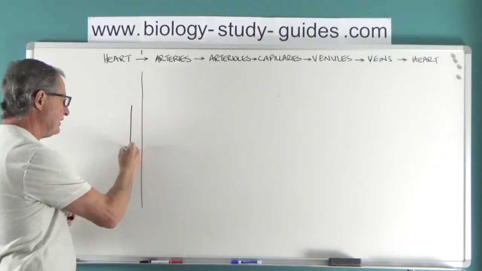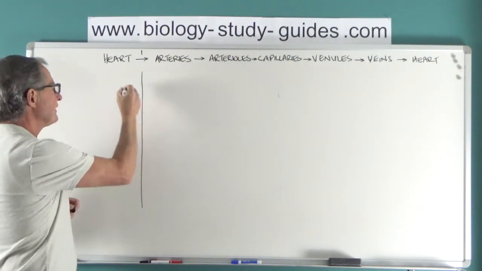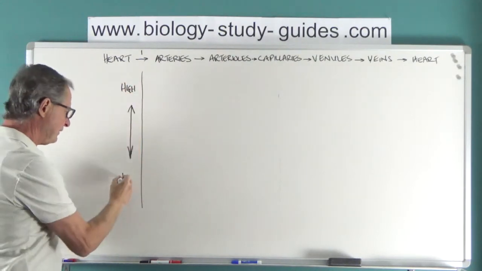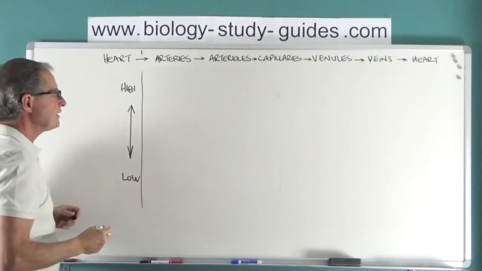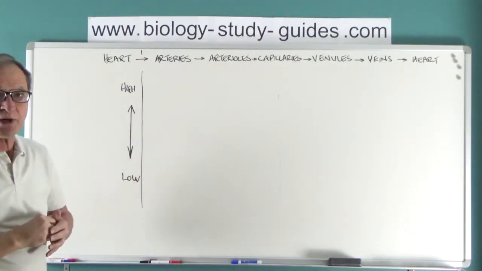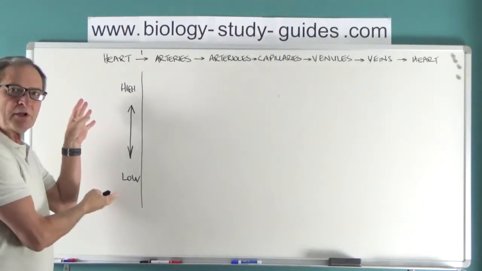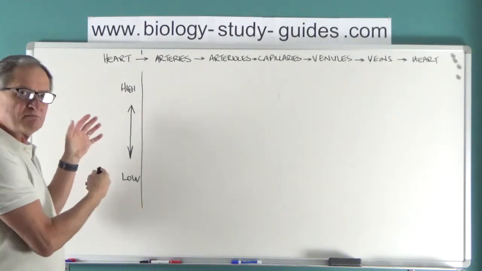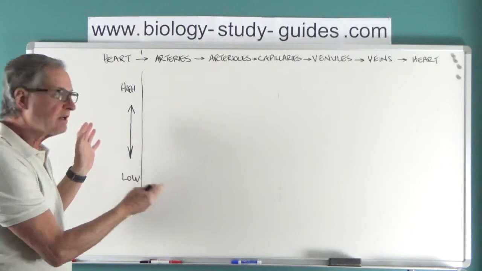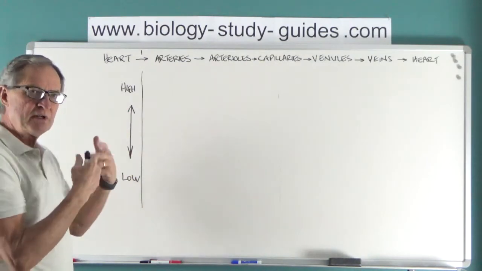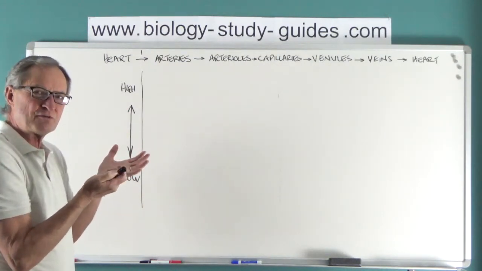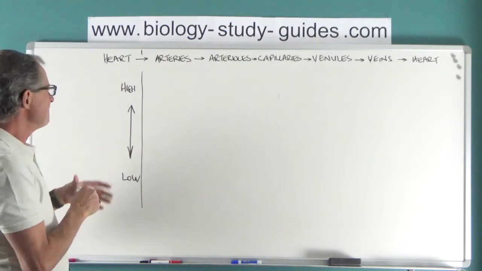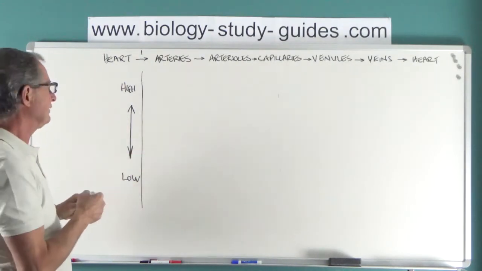All I can do is represent this as being higher and this being lower. Because if we're dealing with blood pressure, the units would be millimeters of mercury. If we're dealing with speed, maybe centimeters per second. If we're dealing with surface area, maybe millimeters squared. You can't put numbers down here.